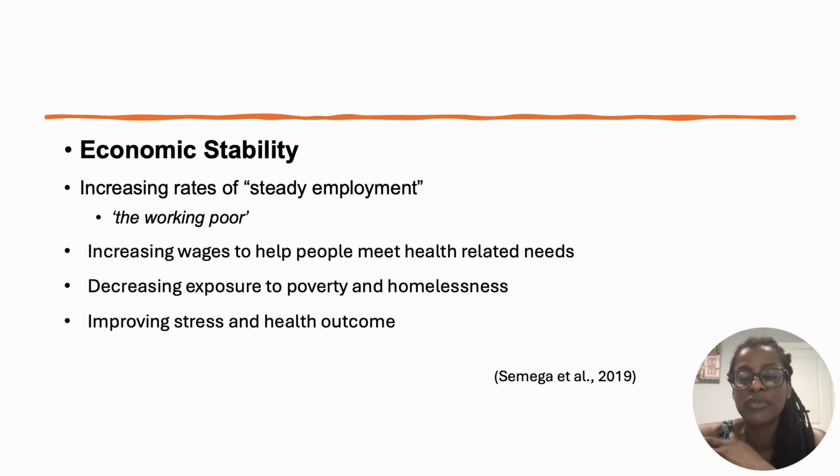Potentially preventing homelessness and decreasing financial stress. Increased chronic stress is a strong predictor of poor mental health and physical health. So we will be talking about mental health, not just physical health, as an important factor when we're looking at social determinants of health.